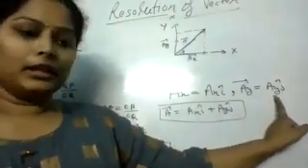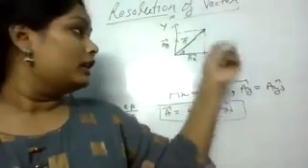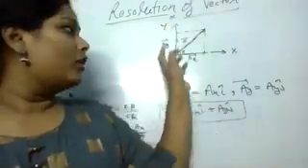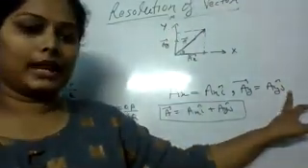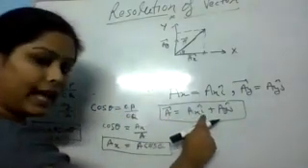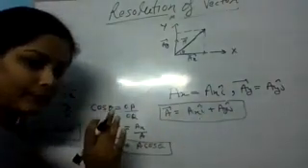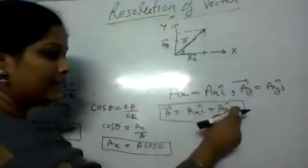AY represents magnitude in Y direction and J cap represents direction. So for Y axis we use J cap. Now A vector equals AX I cap plus AY J cap.